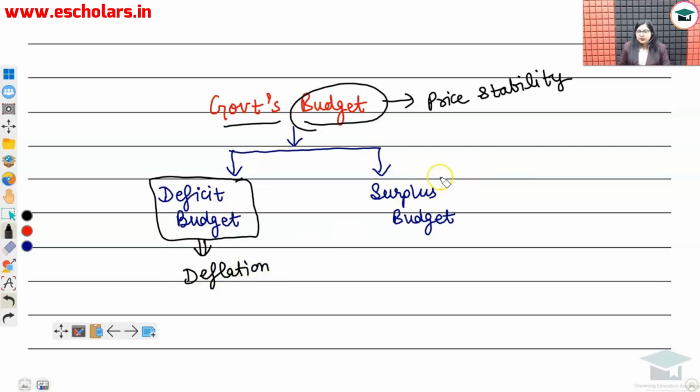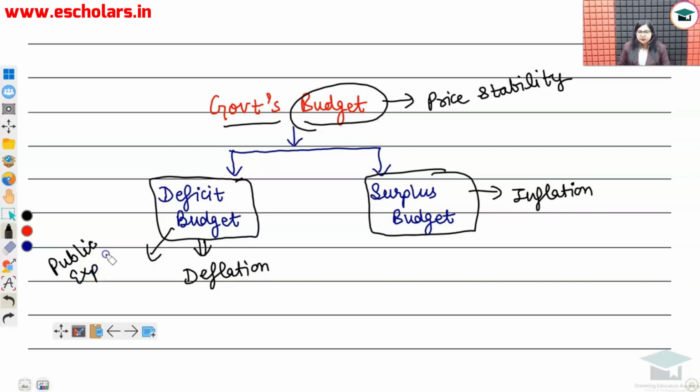Okay, and in case of inflation, the government uses a surplus budget in order to control the inflation. Okay, under deficit budget, basically public expenditure is increased. Okay, and under surplus budget, the public expenditure is decreased. Okay, so by altering the public expenditure through budgets, the government can bring price stability in the economy.